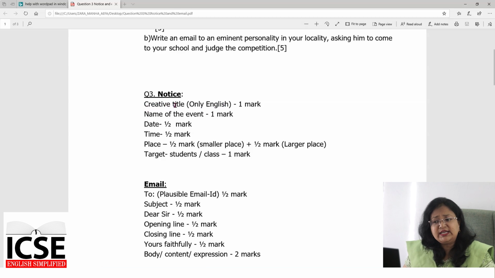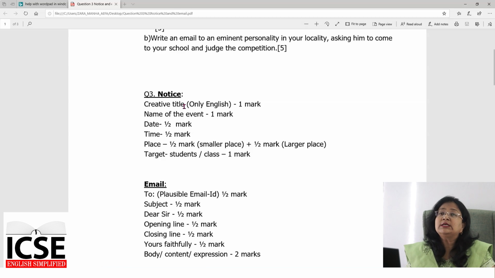Also, when you say a creative title, it means the moment you read the title, it should connect with the event. The most popular example is from your specimen papers where it says war of words for a debate. So the moment you say war of words, you can understand it is connected to a debate. For example, if you say splash of colors, it could signify a photography competition.